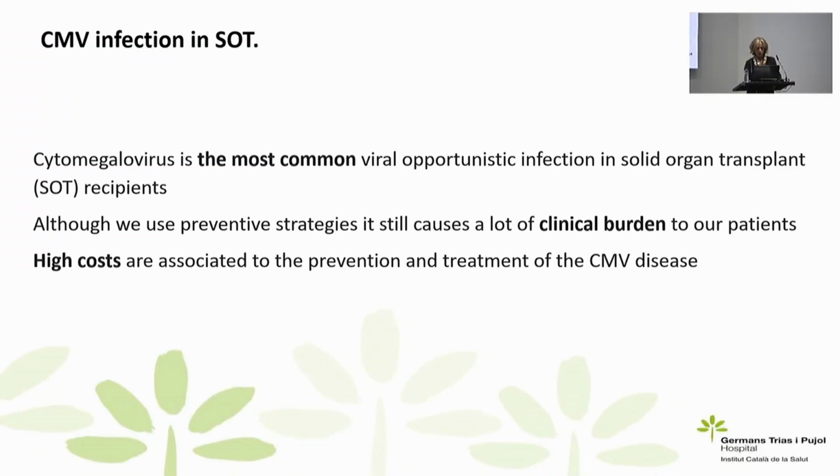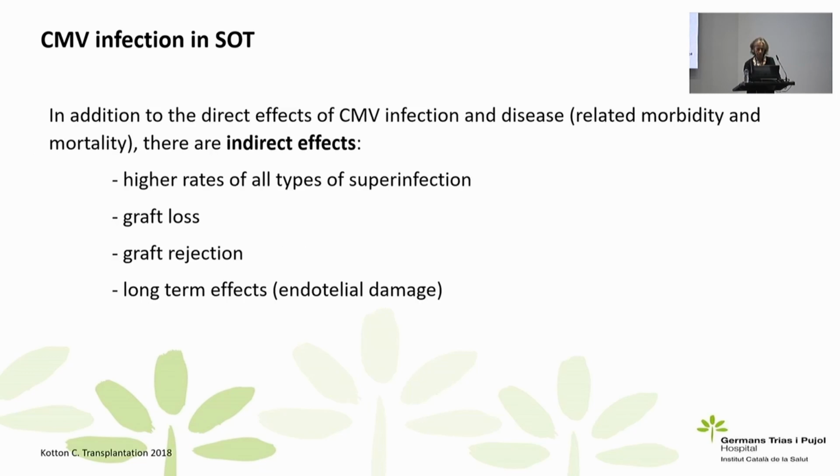As you all know, the cytomegalovirus is the most common viral opportunistic infection in solid organ transplant recipients, and causes a lot of clinical burden, but also economic burden related to the treatment and the admission to the hospital.